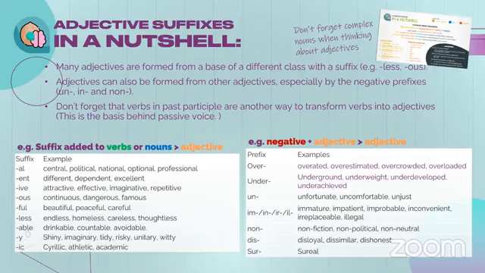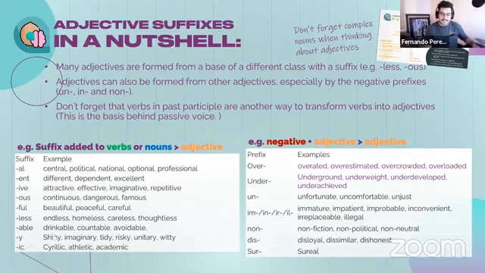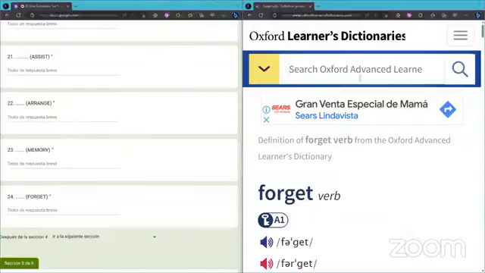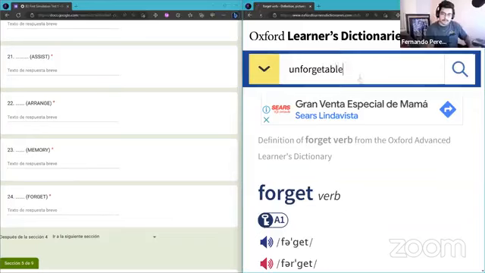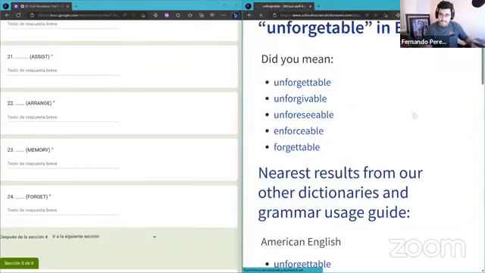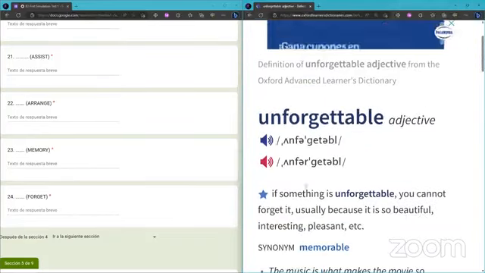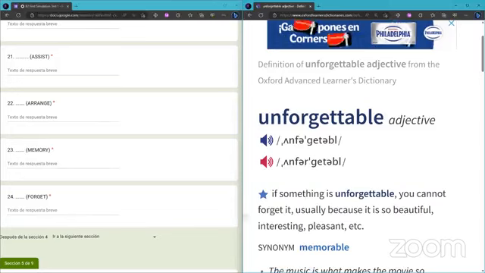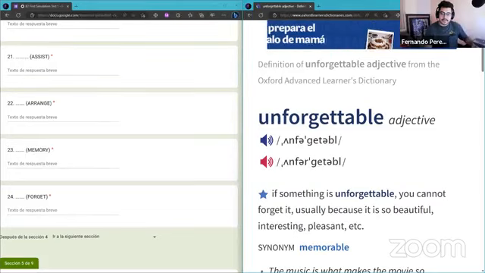Like drinkable, countable, avoidable, unforgettable. If something is unforgettable, you cannot forget it, usually because it is too beautiful, interesting, pleasant, etc.